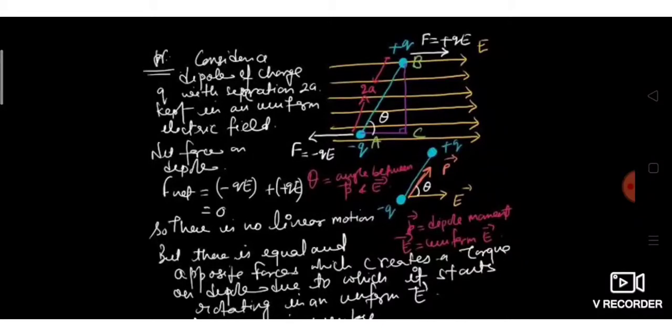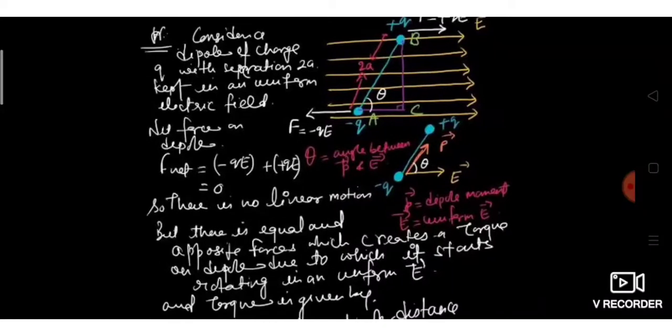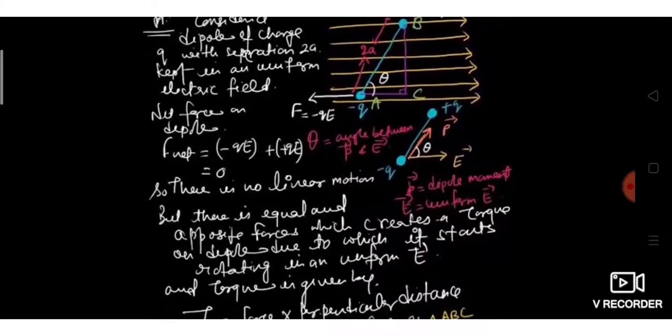This electric dipole is at an angle theta with respect to the uniform electric field. Hence, there is no linear motion, but there are equal and opposite forces which create a torque on the dipole, due to which it starts rotating in the uniform electric field.